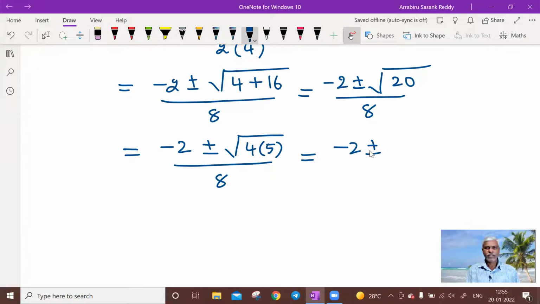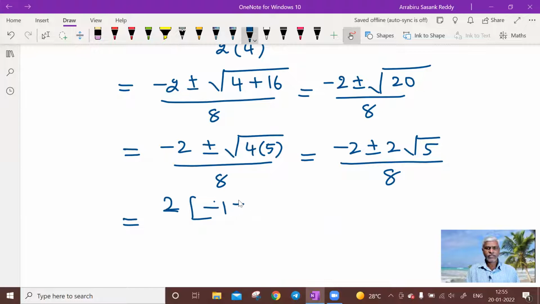Minus 2 plus or minus 4 root 5. You can write 4 as 2 outside the root, and this is 2 root 5. Take 2 common, then this is minus 1 plus or minus root 5 divided by 8.